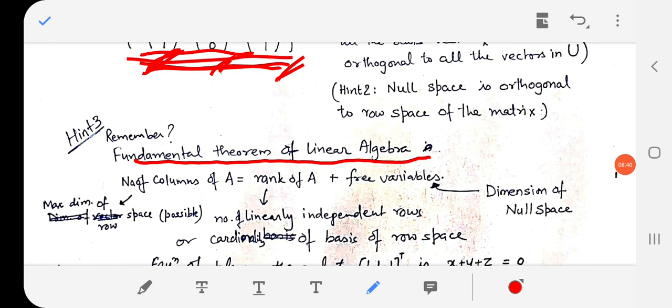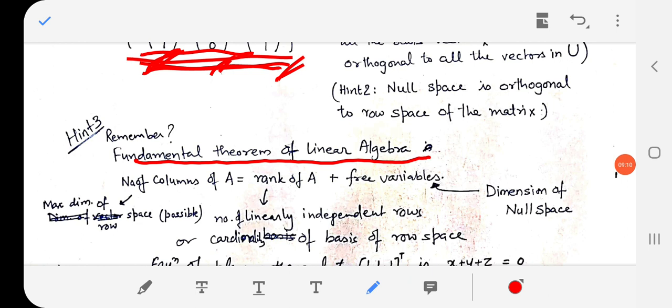So let us suppose A is a linear mapping, and you take any vector from the input space. Part of it will lie in the row space, and part of it will lie in the null space.